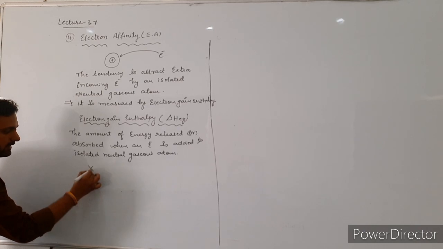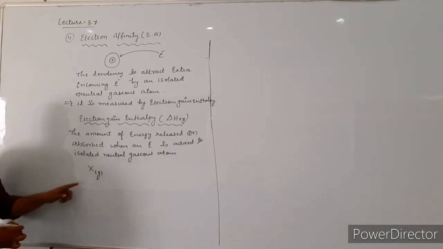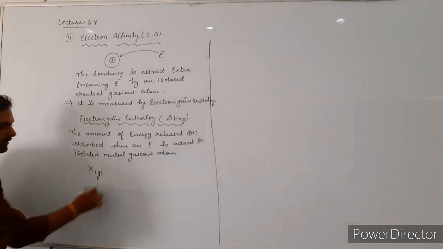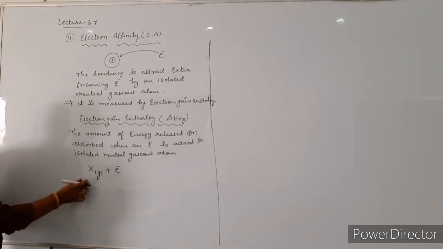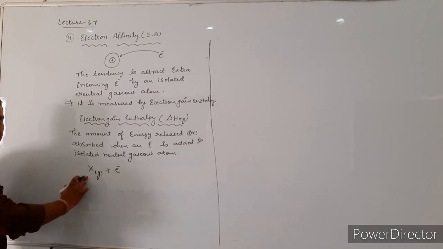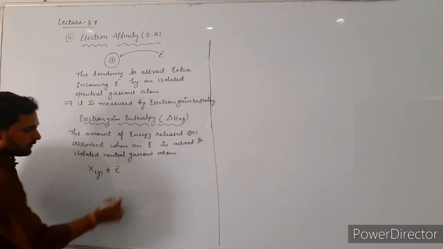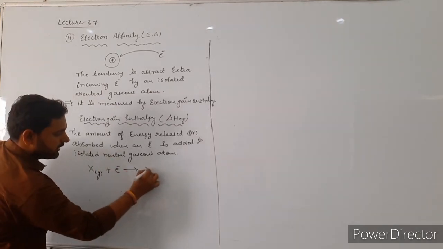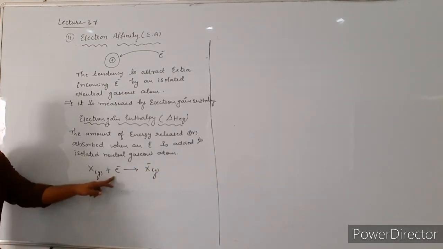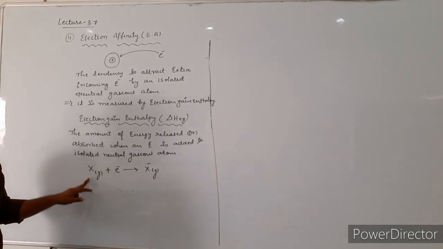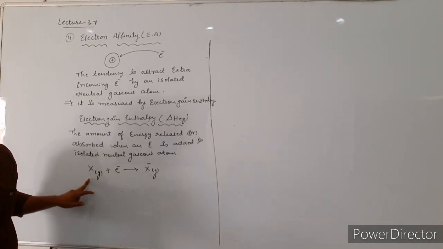Example, this is an isolated neutral gaseous atom. When an electron is added to an isolated neutral gaseous atom, the neutral gaseous atom will become a negative gaseous ion. During the addition of an electron to a neutral gaseous atom, energy can be released or absorbed.